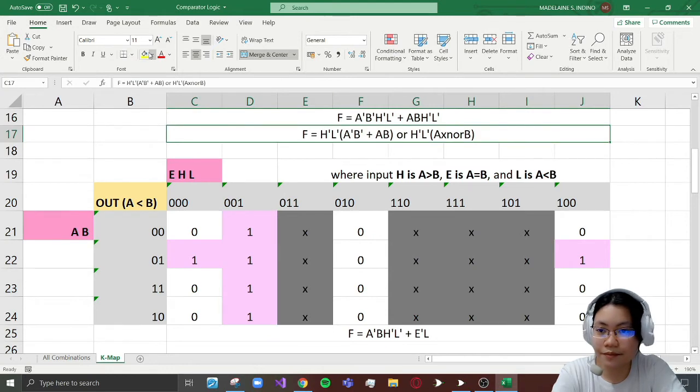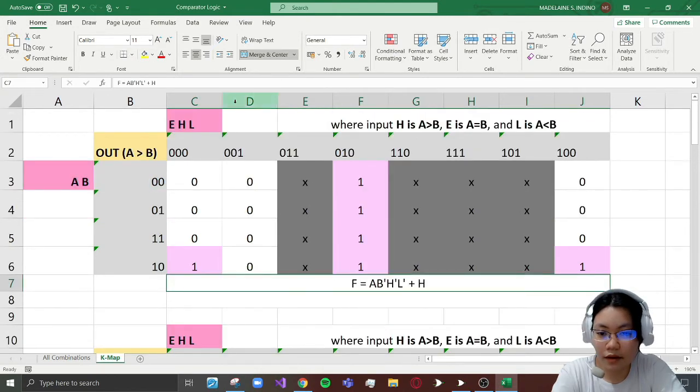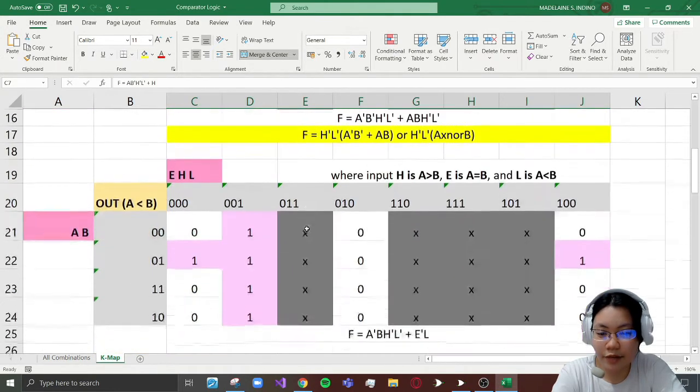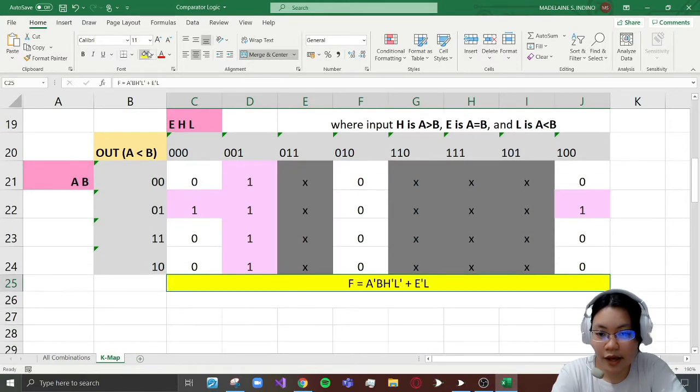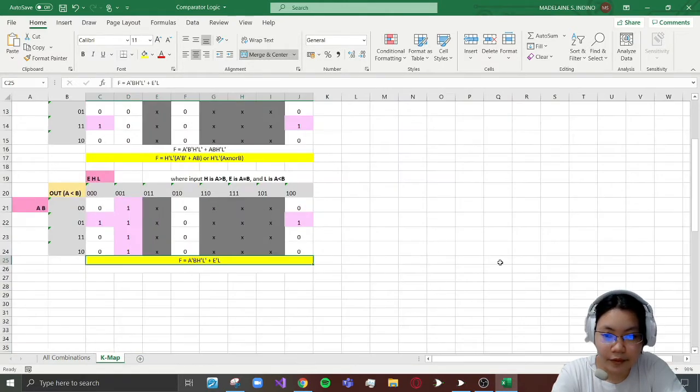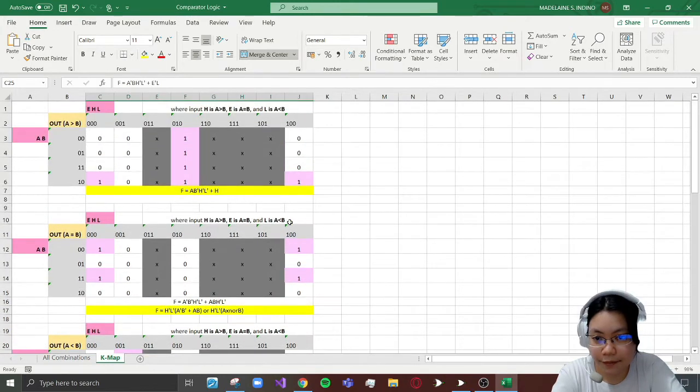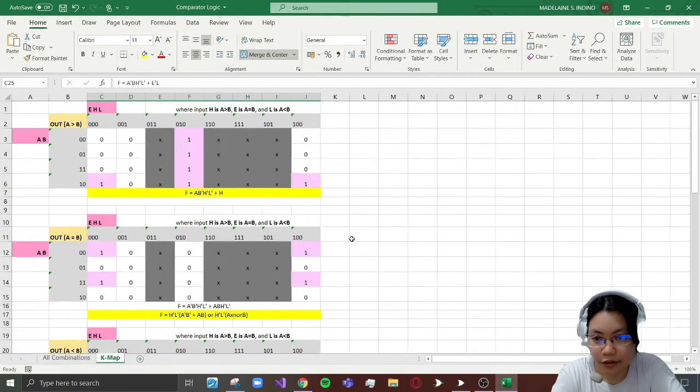These 3 are the final Boolean expression that we have for our comparator.